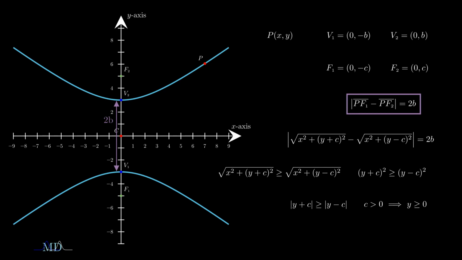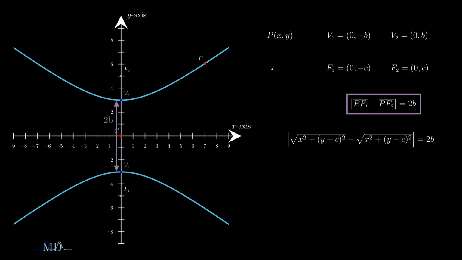The first case occurs when y is greater than or equal to 0, while the second for y less than 0. It's exactly the same situation we have seen in the first video for hyperbolas with transverse axis coinciding with the x-axis, except that now we have x and y swapped, and b in place of a.